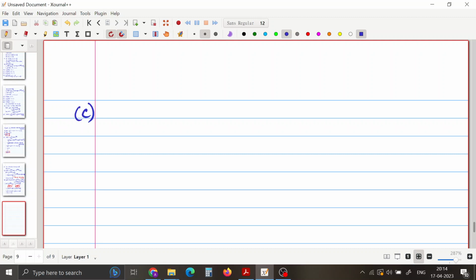Alright, so we are looking at part C now. So y of n is x of this.